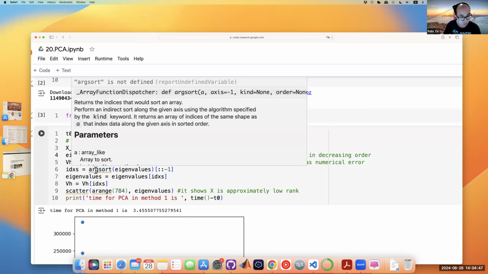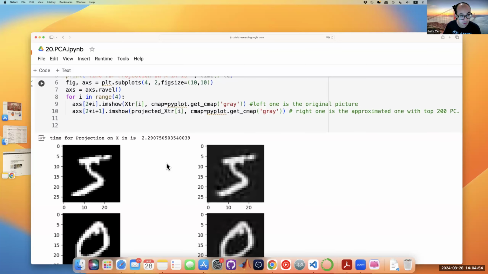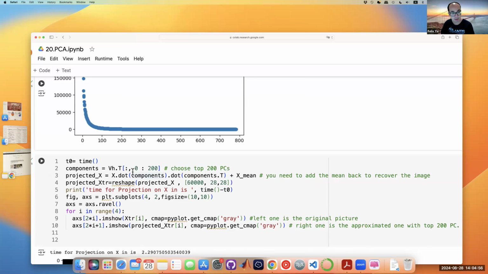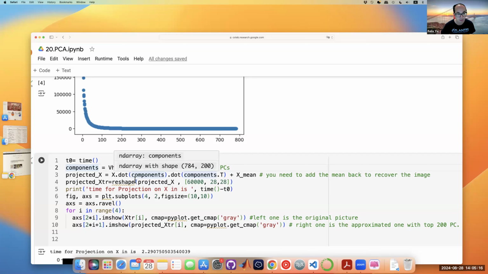Because we actually need to work with the V transpose. But if we want to take the first component, which is the first 200 columns, that means we need to work with the V's. So we need to take the transpose again. So VH dot transpose becomes the V. So we take the first 200 components, then we do this projection: X dot components transpose.